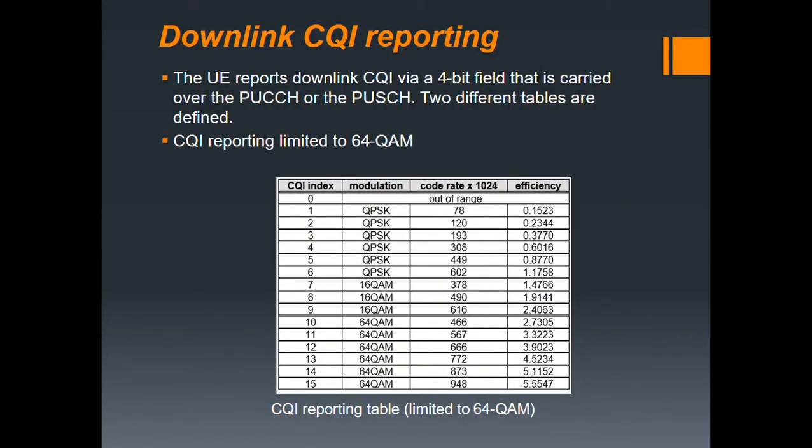And similarly we have CQI. UE reports the downlink CQI in a 4-bit field that is carried over PUCCH or PUSCH, and there are two different tables for LTE type of 64 QAM and then further beyond 64.